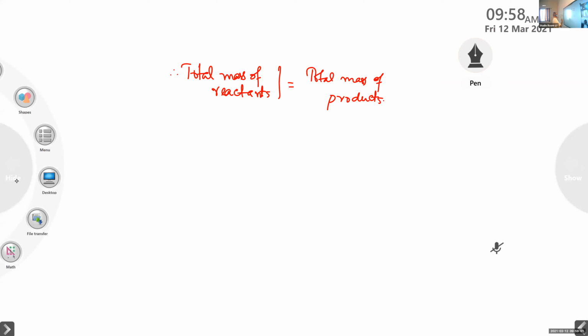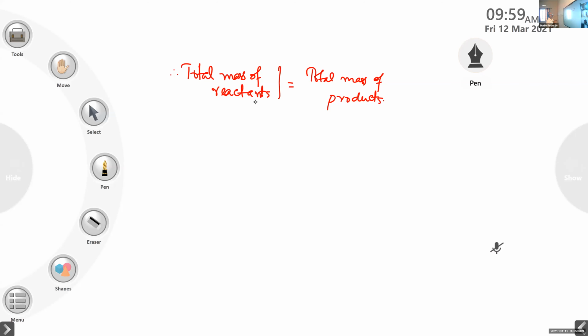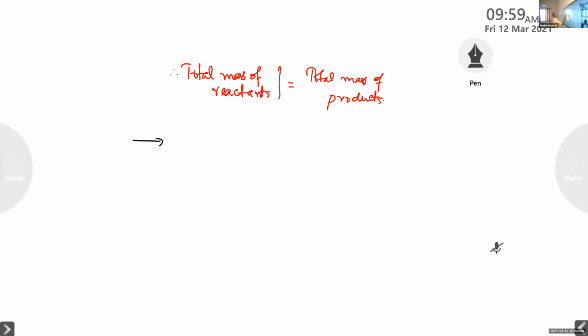So what is a word equation? In the word equation, we write the names of the reactants and products. Instead of writing the symbols and formulas, if we write the exact names in words, then it is called the word equation.